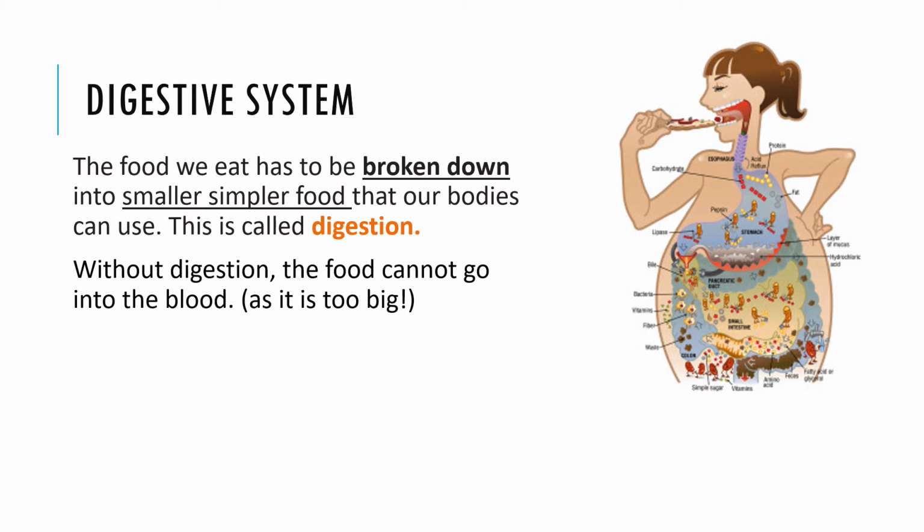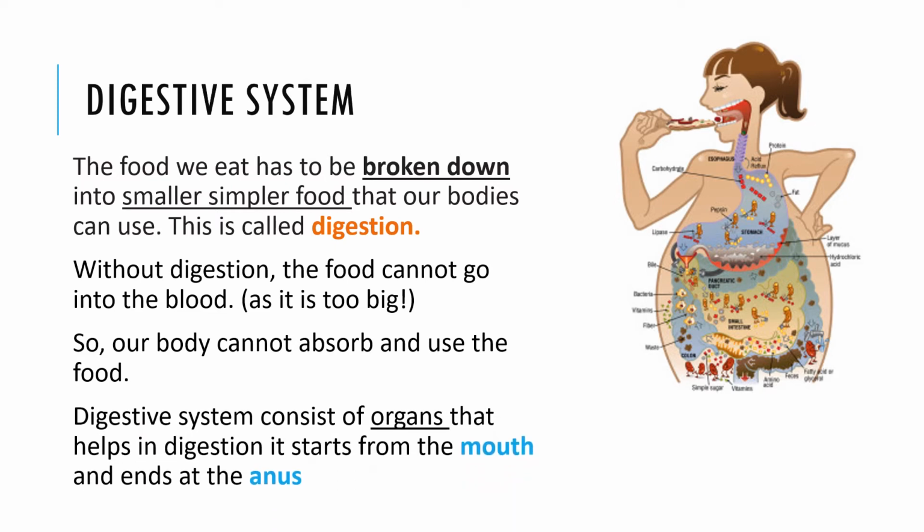Why do we need to do digestion? Because if we don't break that food, pizza for example, the food is too big. It cannot go into our blood and the body cannot absorb it and use the food for energy. So we need a system consisting of organs that helps in digestion.